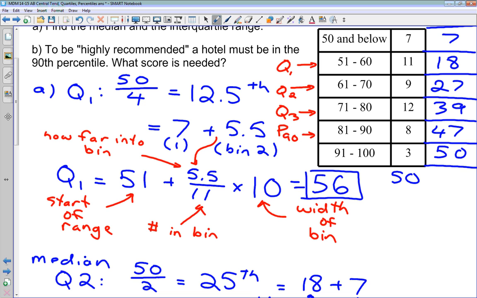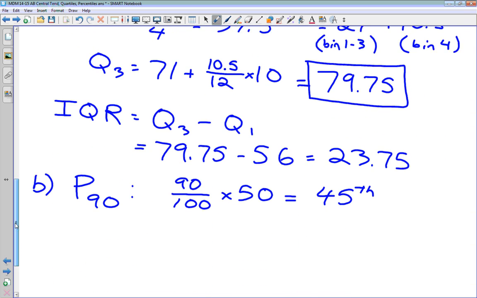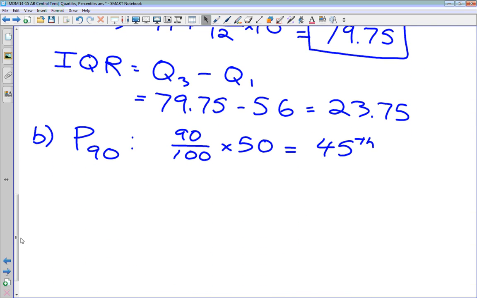There are 39 below it. We want the 45th value. So we have to go 6 numbers into bin 5. So we just think of this as 39 plus 6, 6 numbers into bin 5, and all of these are bins 1 to 4.